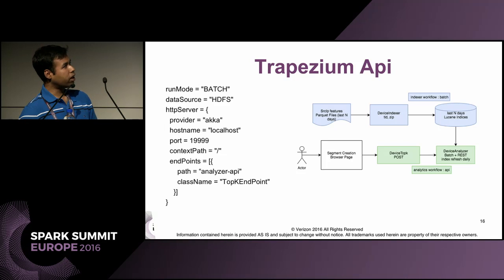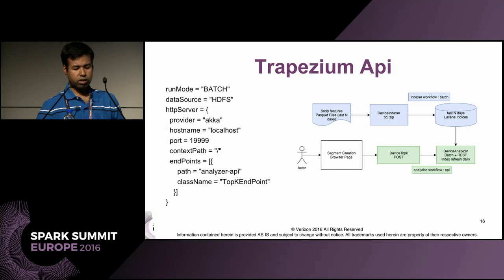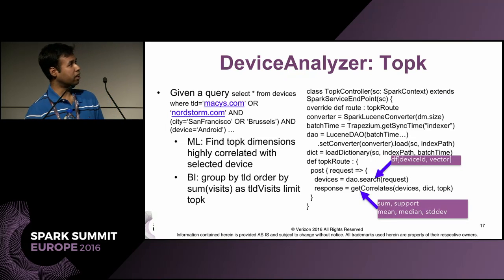So you just specify the host name, which is localhost, which port your API needs to run, and which is your endpoint and which class implements it. That's pretty much it, right? You define your business logic in the top K endpoint, and Trapezium will take care of running it, scheduling the API, and how to handle the exceptions and all details like this.